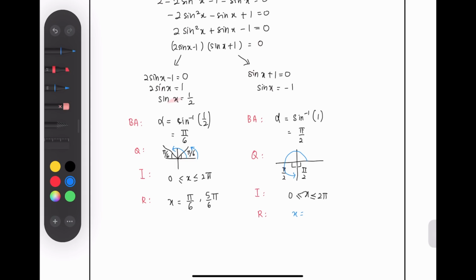So the answer will be 3 over 2 pi only. So to conclude, the final answer is x equals to pi over 6 radians, 5 pi over 6 radians, and 3 over 2 pi.